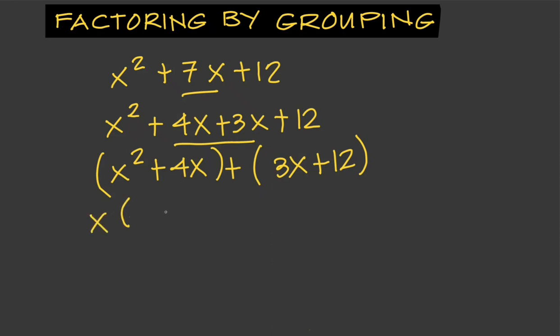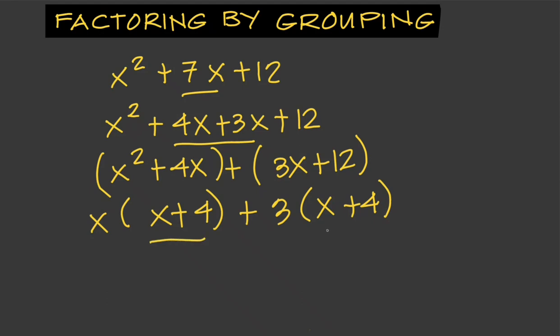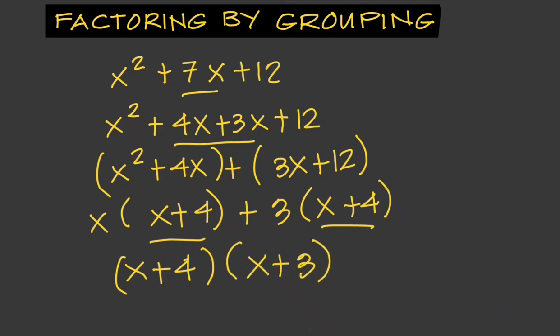So we're left with x plus 4 here. And then the other half, the common factor is 3. So we are left with x plus 4 here. So we have a common binomial factor, which is x plus 4. So we can factor that out and then multiply by x plus 3.